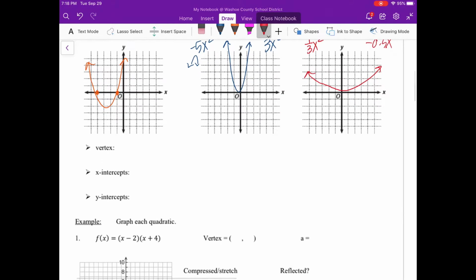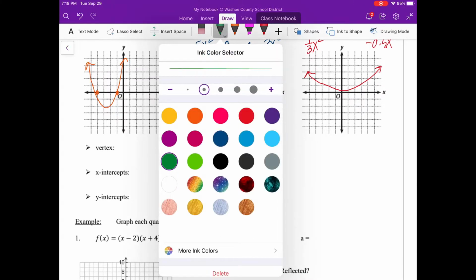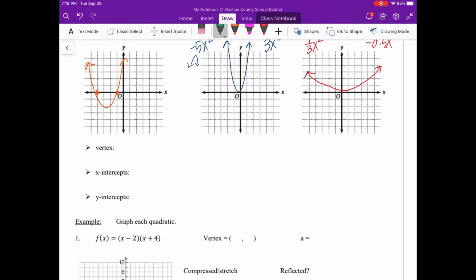So when working with our factored form, we are going to find the vertex by finding the halfway point between our x-intercepts. Okay, so first we are going to graph those x-intercepts, and then we're going to find where the middle is between those x-intercepts.